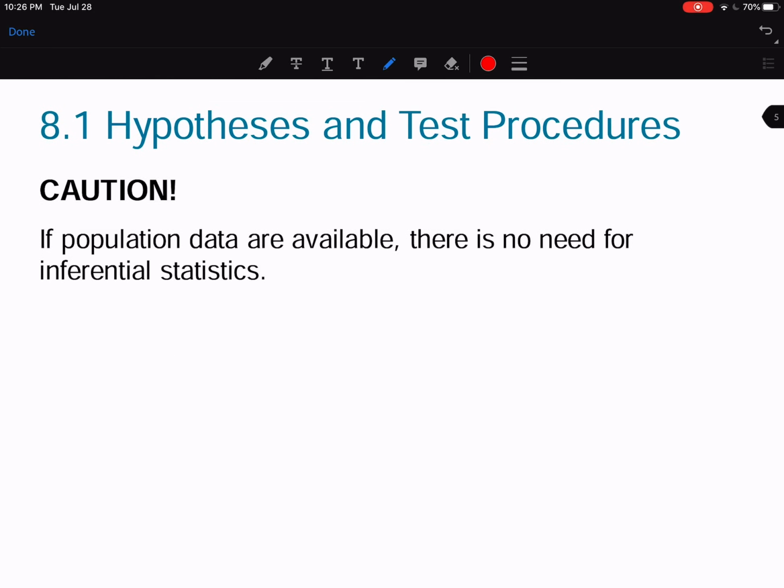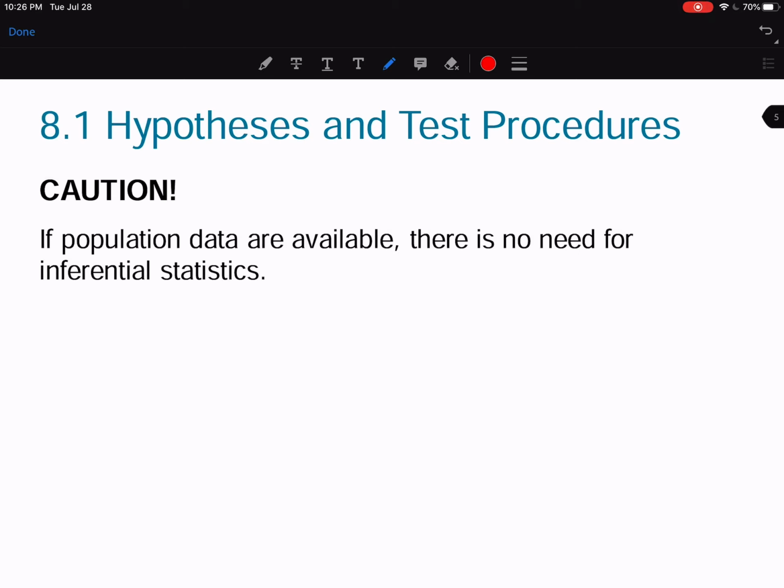All right. There's a caution here. If the population data are available, there's no need for inferential statistics. Actually, same thing for chapter 7 as well. The reason why we estimate the parameter, or why we do the hypothesis testing for the parameter, is that we are not able to access the whole population.